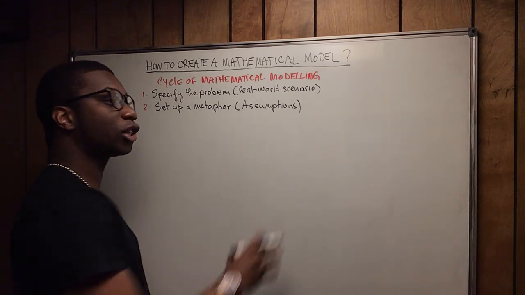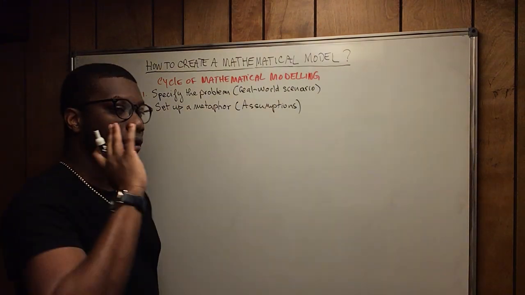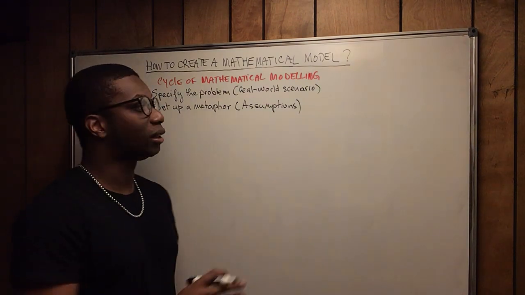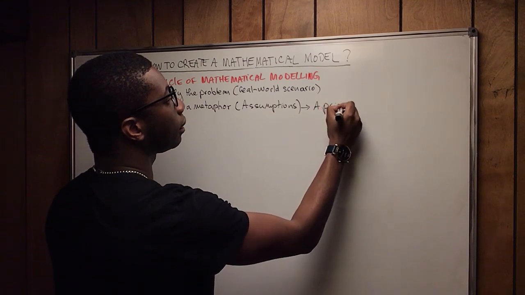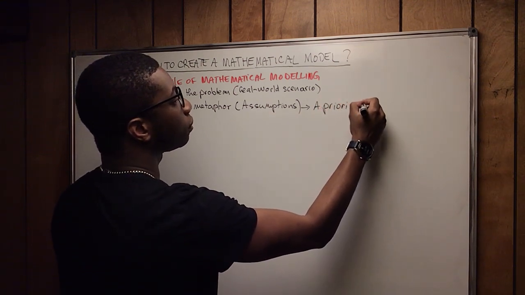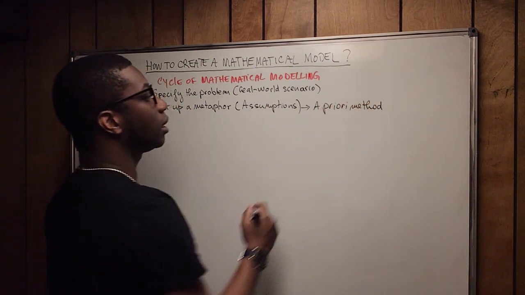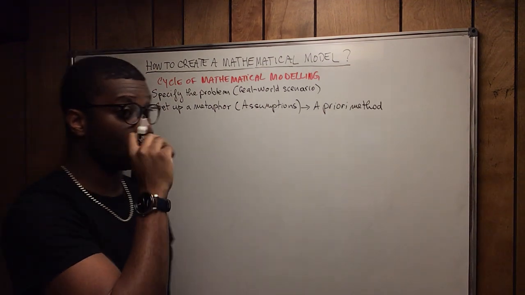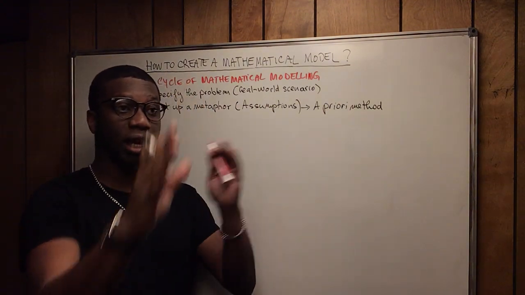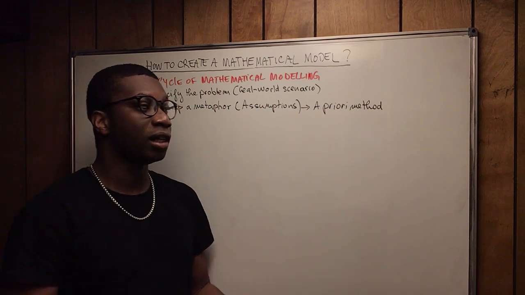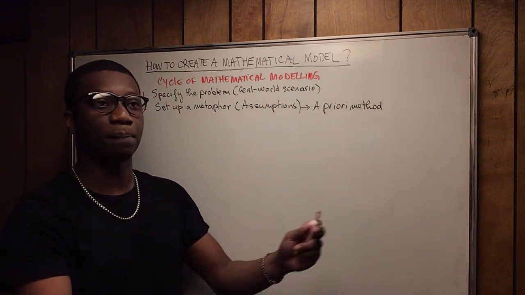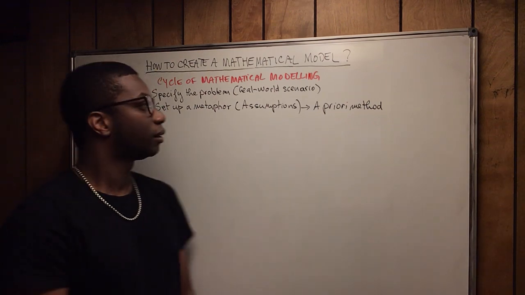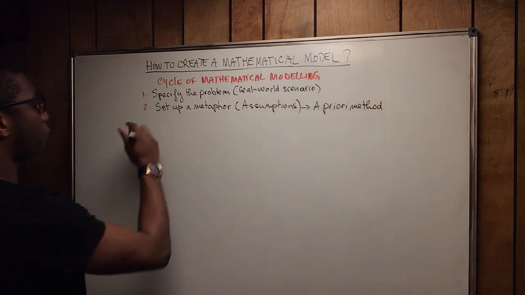That's where you actually building the model verbally. That's where you use a priori methods. You're basically saying this occurs because of this, therefore if this happened then this could happen. That's the part where you set up the metaphor.